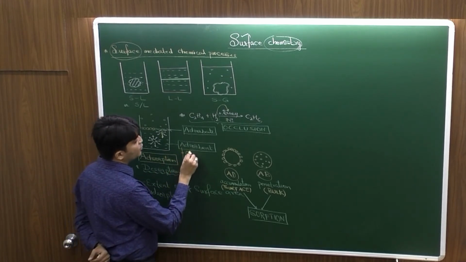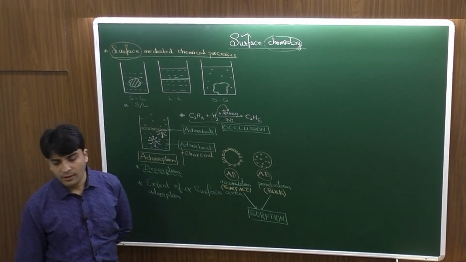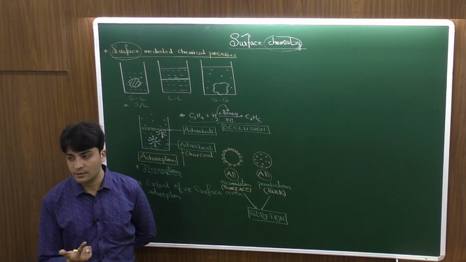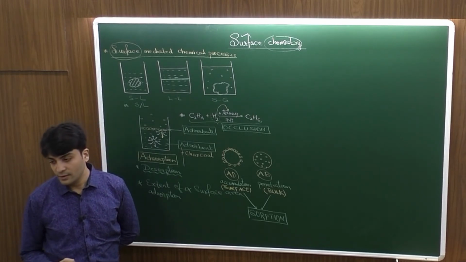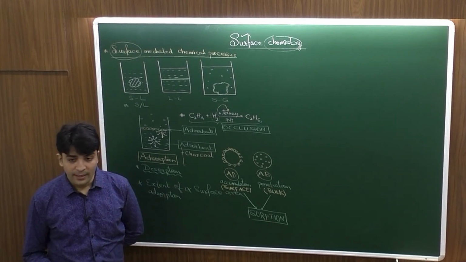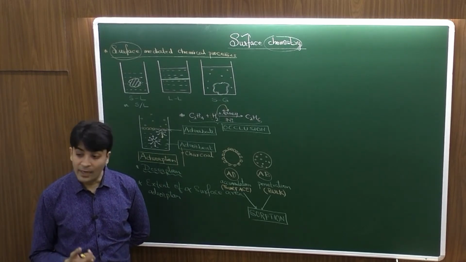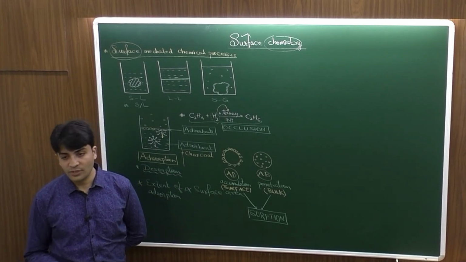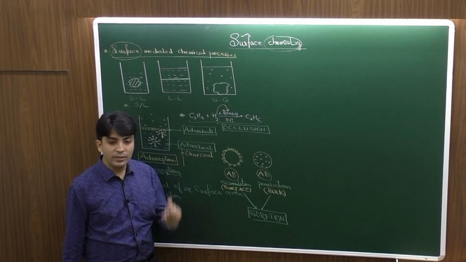In fact, charcoal is the most commonly used adsorbent in many of the industrial processes because charcoal has a large surface area and it is porous, so it can accumulate the different particles onto the surface. It's a very good adsorbent. In fact, चारकोल के बहुत सारे varieties भी exist करते हैं, like activated charcoal, lamp black, carbon black. Heard of this? So there are various varieties of charcoal, but as a family we can say it's basically the charcoal which is acting as a good adsorbent.